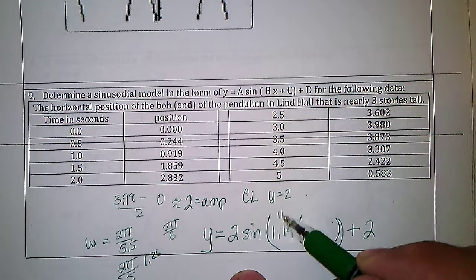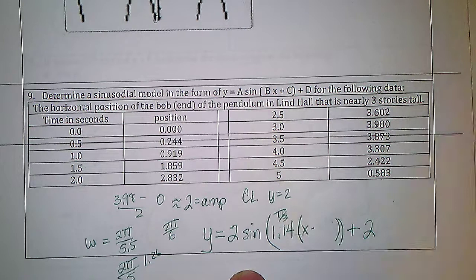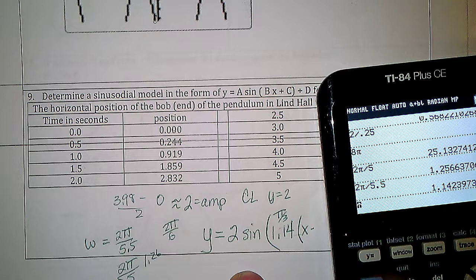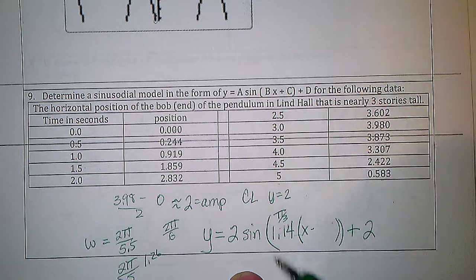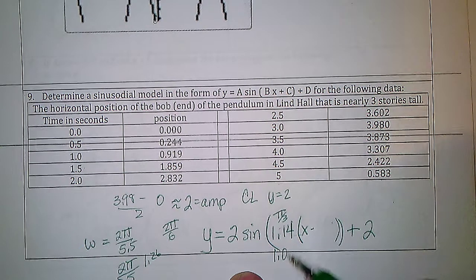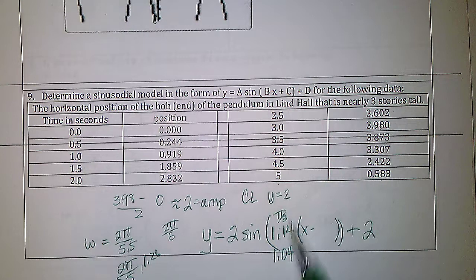This might even have been a better number in here. And pi over 3, let's just figure that one out. Pi divided by 3 is 1.04. That probably would have been an even better number for here. But anything around 1.1, 1.2, 1.1, 1.0 I would have accepted in there.